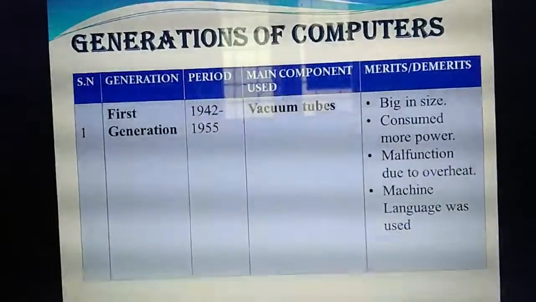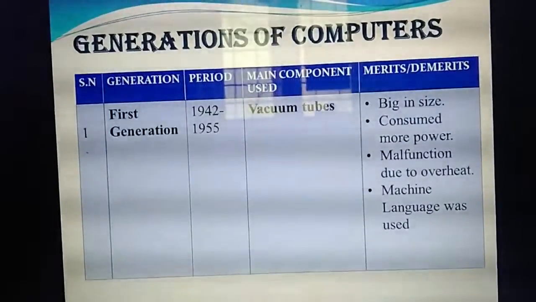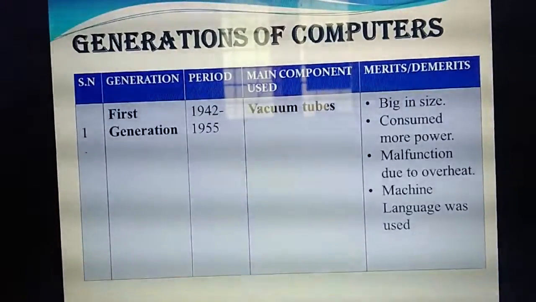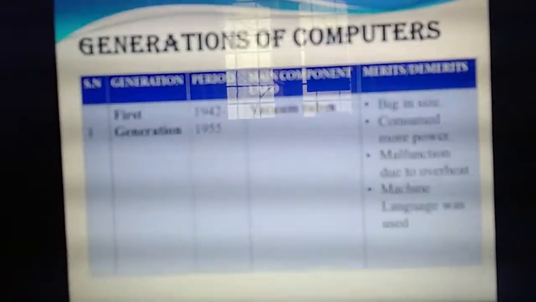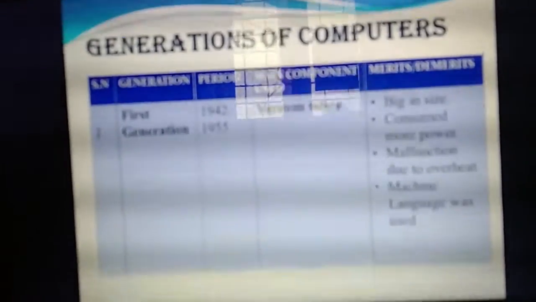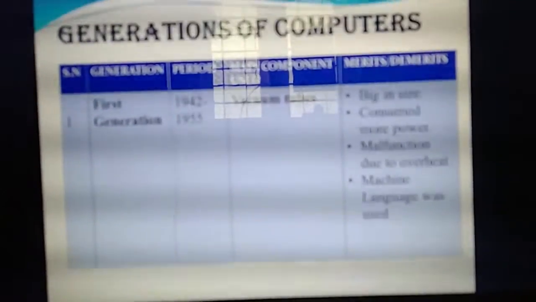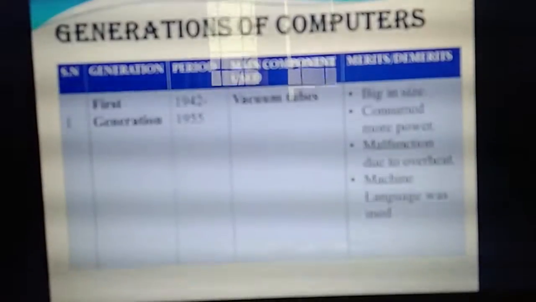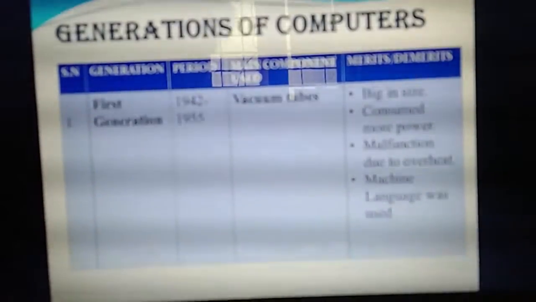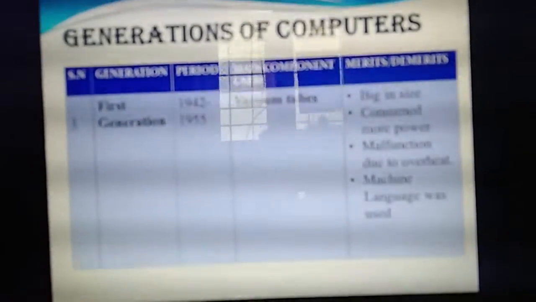Understand? Yes. So till now we have studied who invented the computer, who is the father of the computer, and the introduction to computers. Everything you have studied, isn't it? Listen. Next we are going to study generations of a computer.